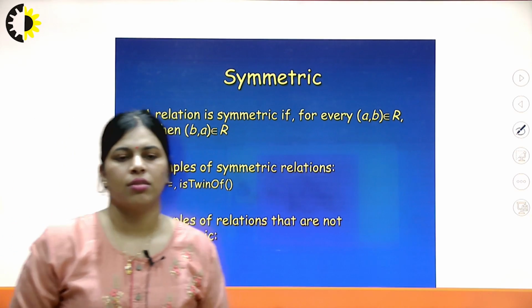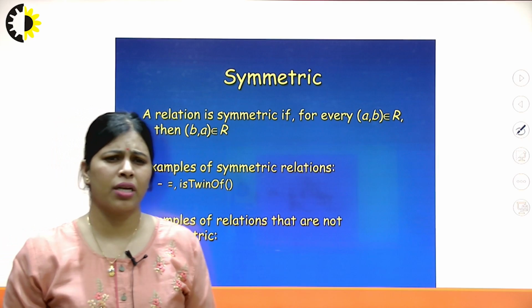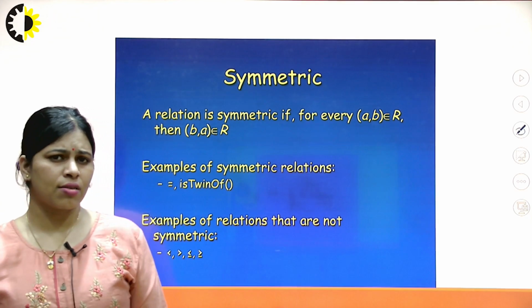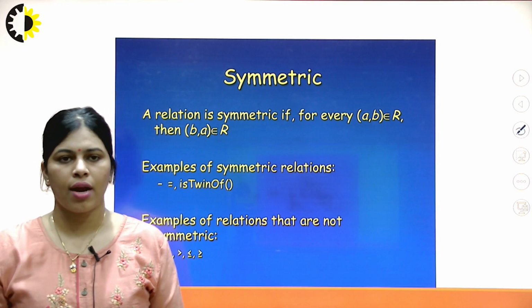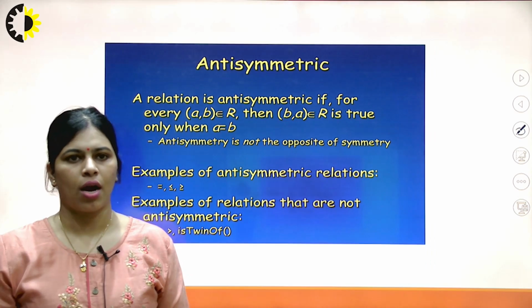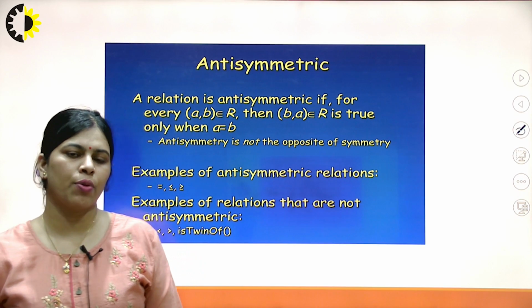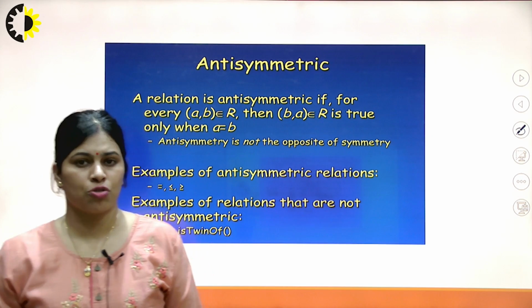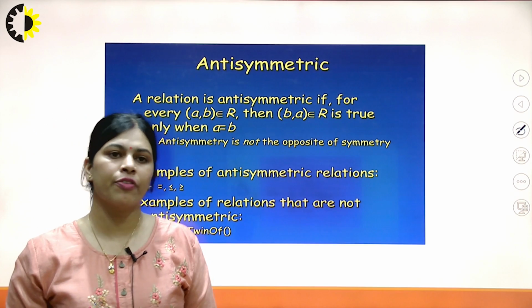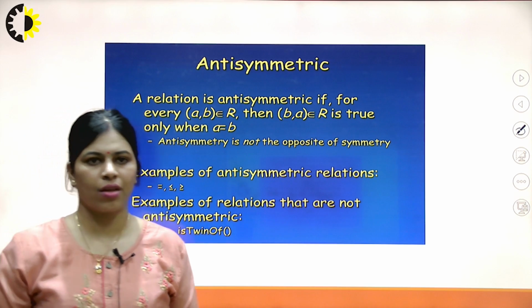A relation is symmetric if for every AB belonging to R, BA belongs to R. Antisymmetric, the definition is AB belongs to R and BA belongs to R is true only if A equals B, otherwise not.